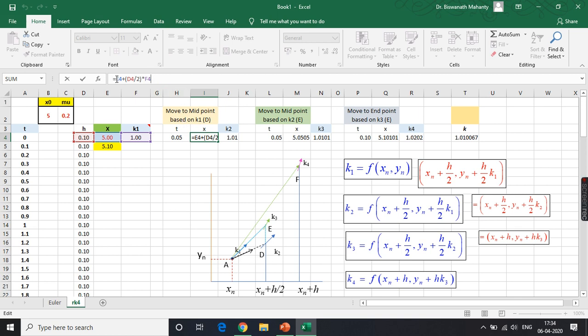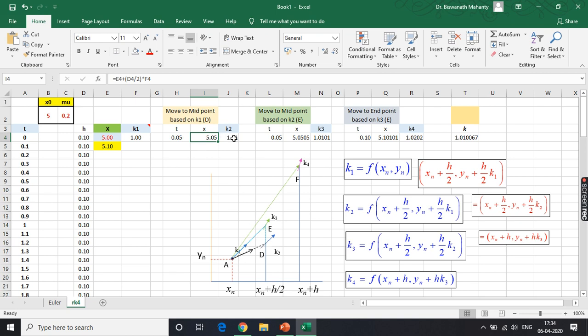So e4, the original value here, plus d4 by 2 into f4. f4 means slope k1. So using slope k1 I am reaching this point. That is actually this part: xn plus h by 2 is the x-axis, yn plus h by 2 into k1 is the y value. So I reached t and x value, I reached this point d.